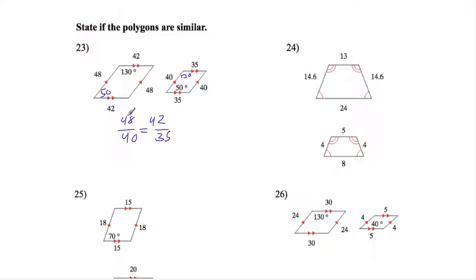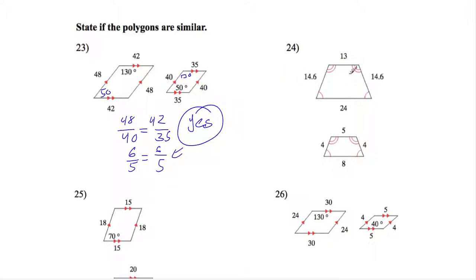So 48 to 40 reduces to 6 over 5 as a fraction. And then 42 to 35 reduces to 6 over 5. So there's a proportion there, right? So because they have this scale factor, yes, they are similar. And that's all I need to do there.